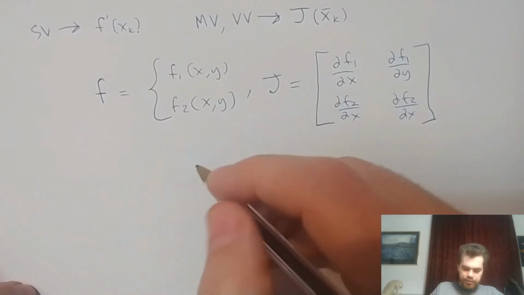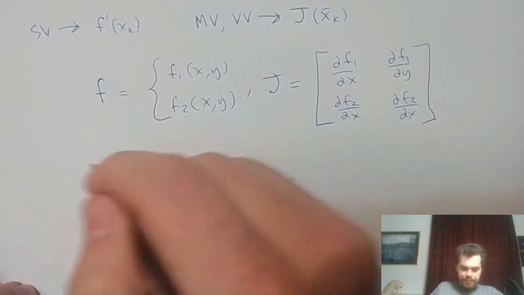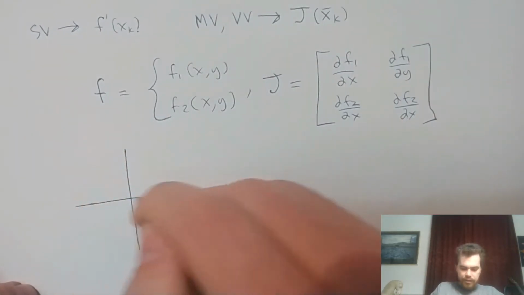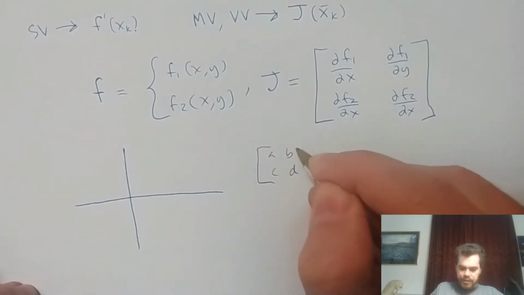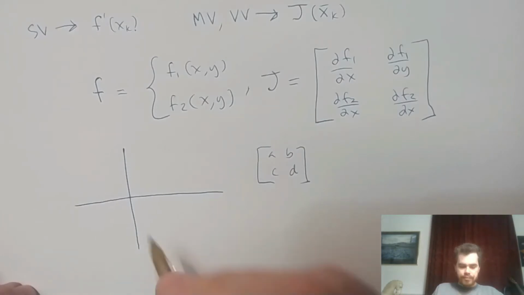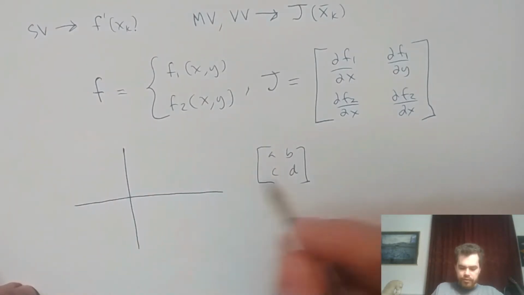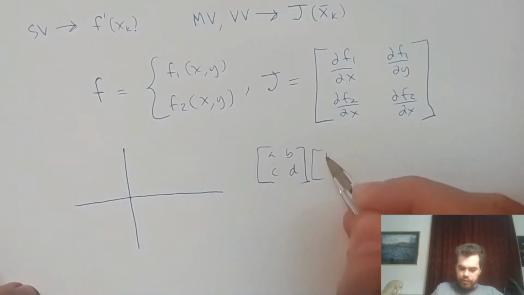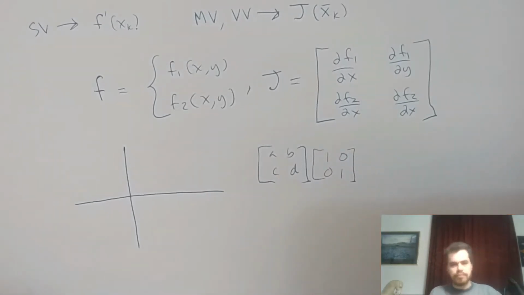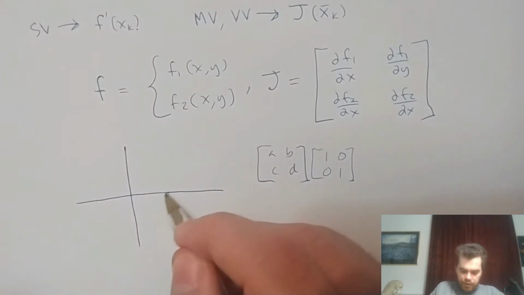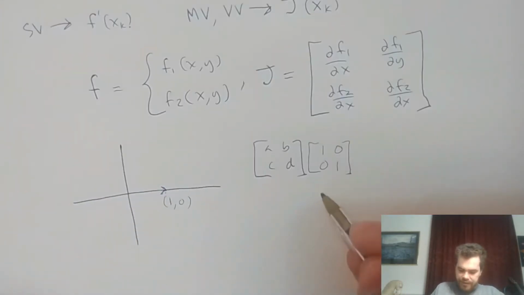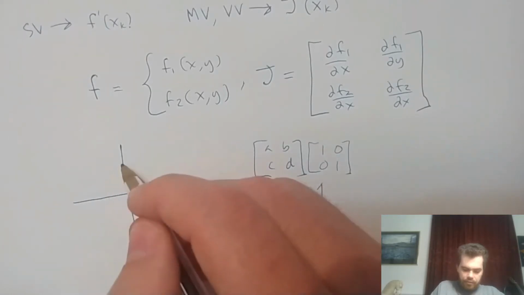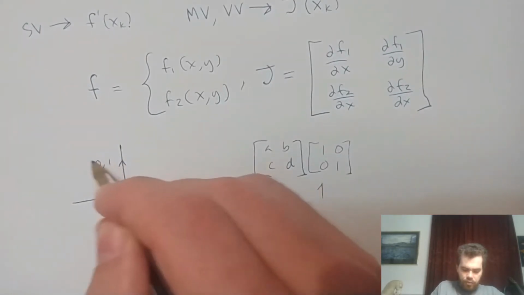When I say a linear transformation, I mean, if we have some matrix A, B, C, D, a linear transformation can be thought of as what happens if we multiply the unit vectors of our space, the same thing as the identity matrix. We have the point 1, 0, that's this guy right here, and we've got the unit vector 0, 1.